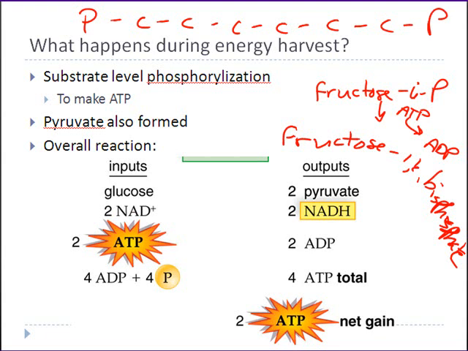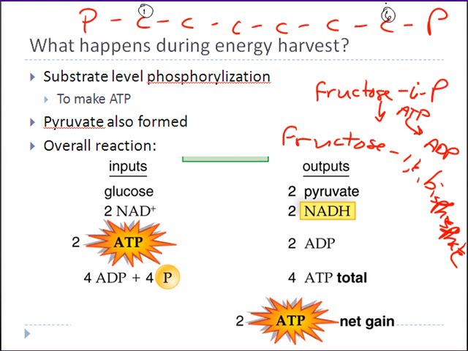That's all we're saying there. So fructose 1,6 bisphosphate. That means there's a phosphate on the number 1 carbon, and there's a phosphate on the number 6 carbon in the chain. And we had to burn up 1 molecule of ATP to get the phosphate we needed to attach on there.